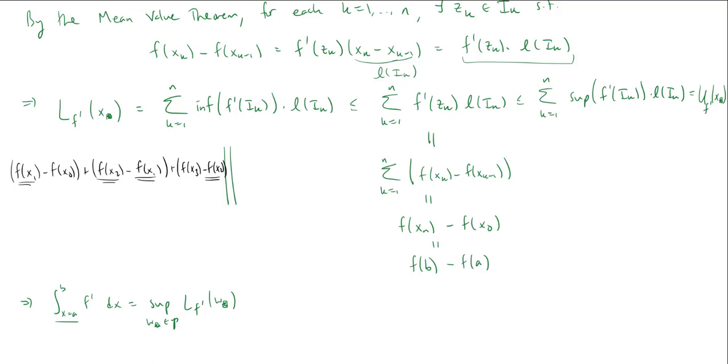But we just said that the lower sum is always less than or equal to f of b minus f of a. So the supremum must be less than or equal to f of b minus f of a. And similarly, f of b minus f of a is less than or equal to the infimum over all partitions W of the f prime upper sum of W. And this is equal to the upper integral.